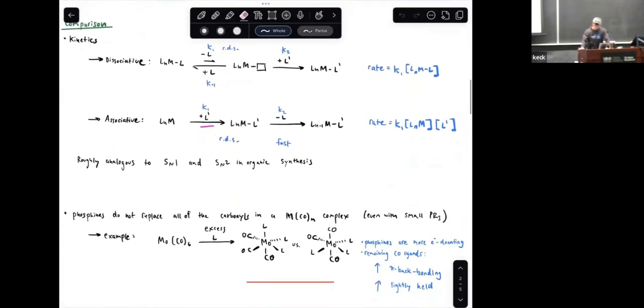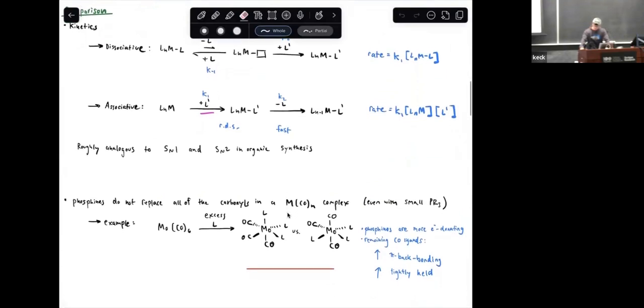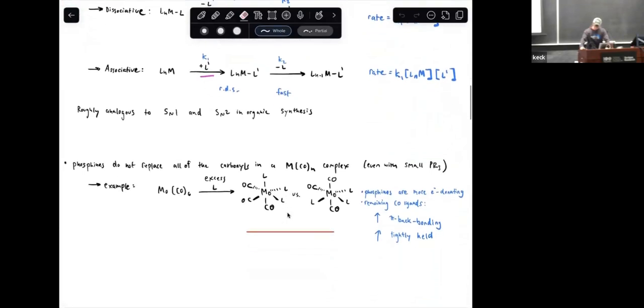We compared the respective rate profiles typically associated with those mechanisms and discussed briefly how those experimentally determined rate laws can be used to distinguish between these two possibilities.